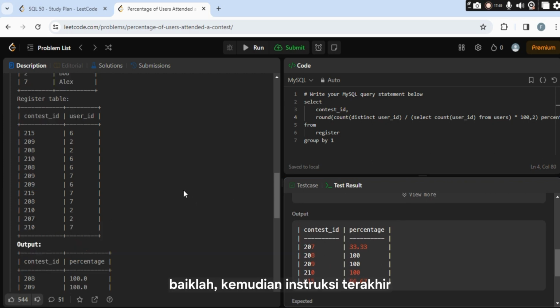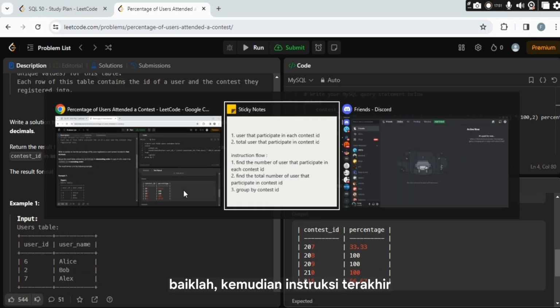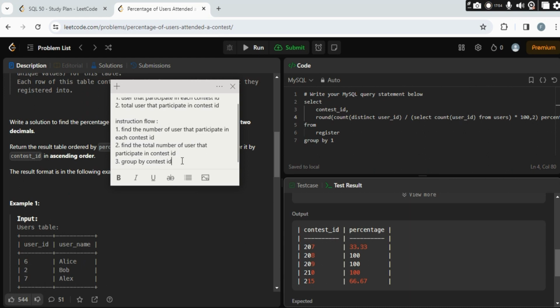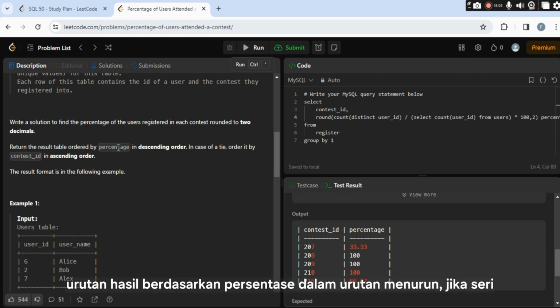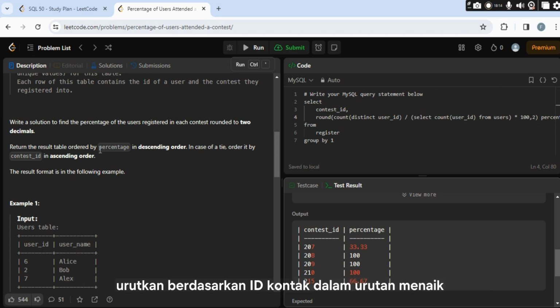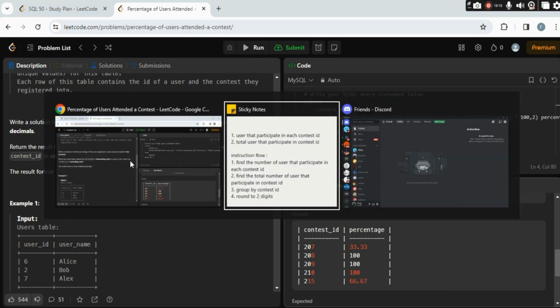And then the last instruction is to return the result ordered by percentage in descending order. In case of a tie, order it by contest ID in ascending order.